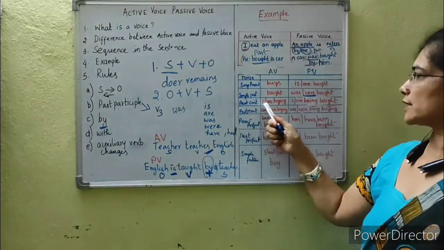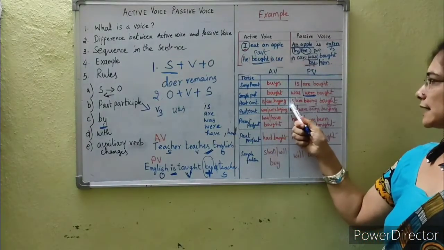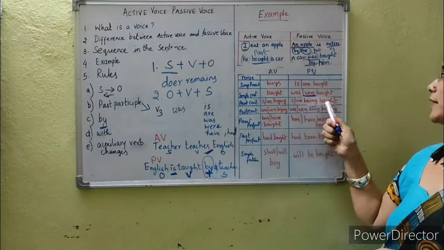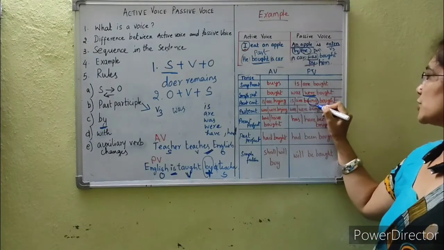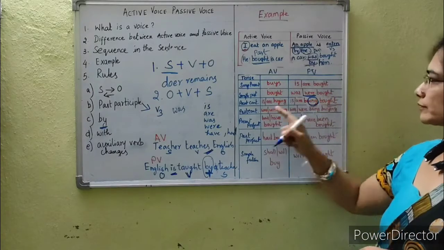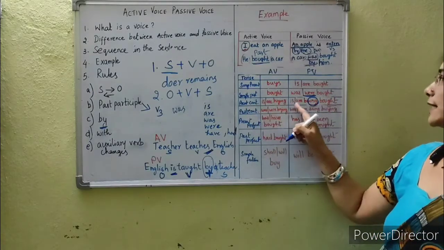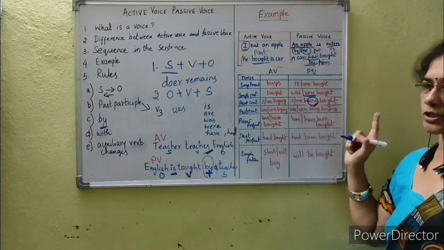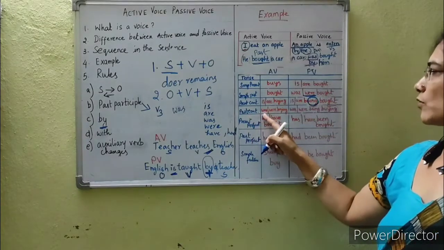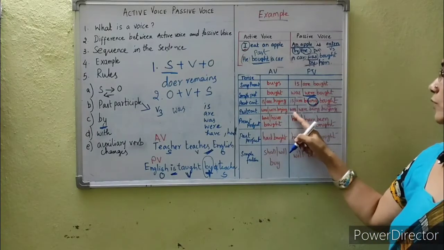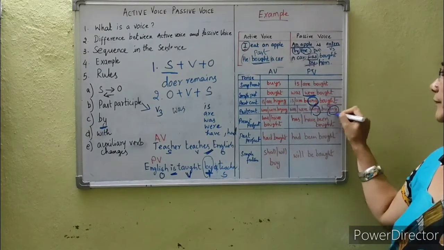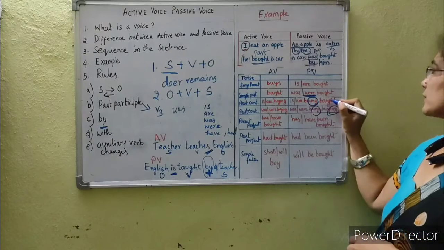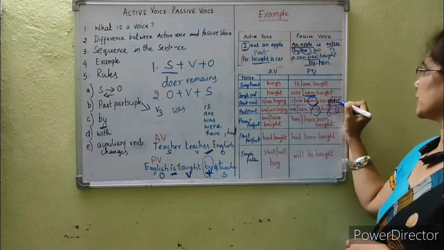Then present continuous, is or are buying; is or are being bought. For continuous tense, you have to remember this ing form. Past continuous, was or were buying; was or were being bought.